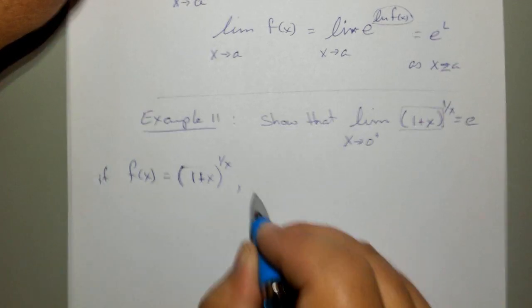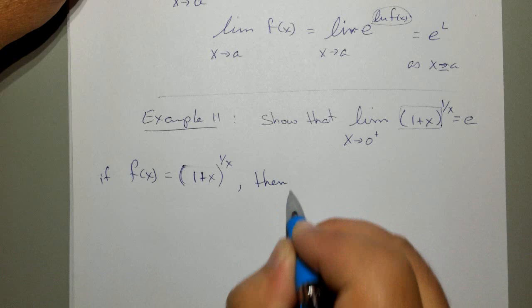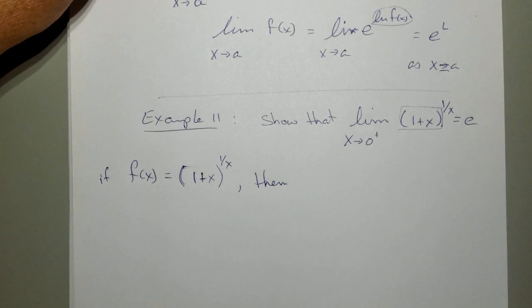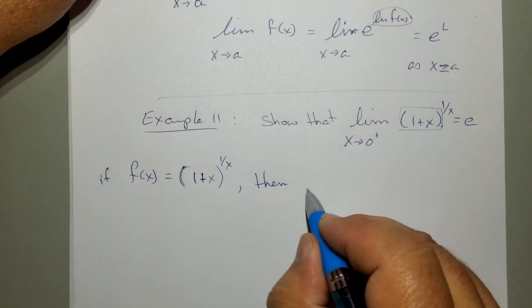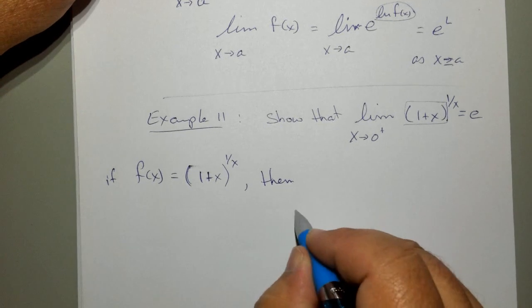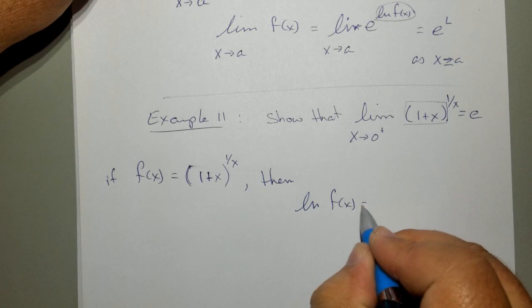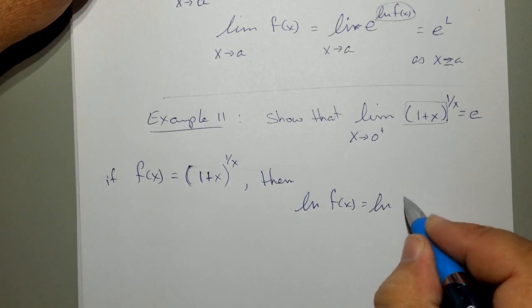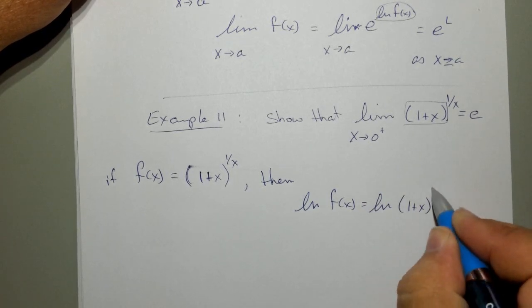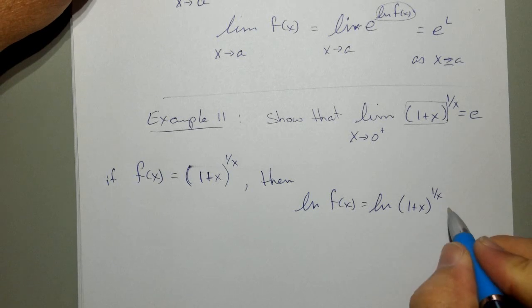So if that's true, then ln of f of x becomes ln of (1 plus x) to the power 1 over x.